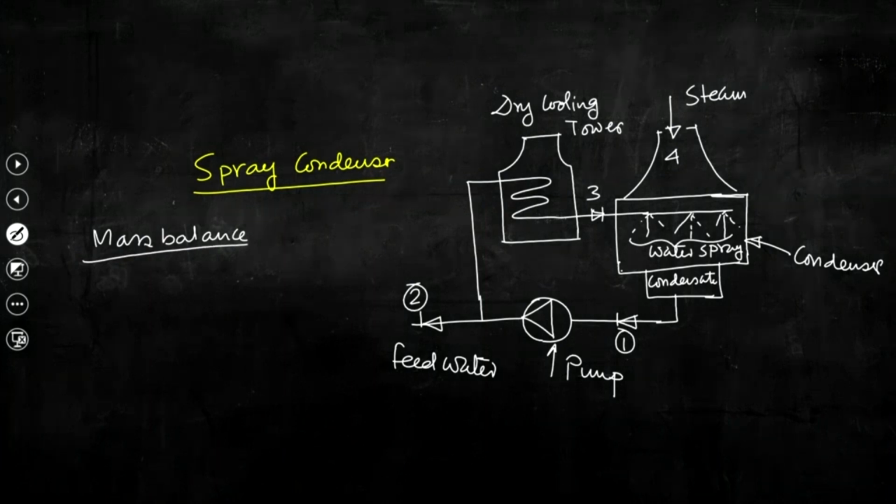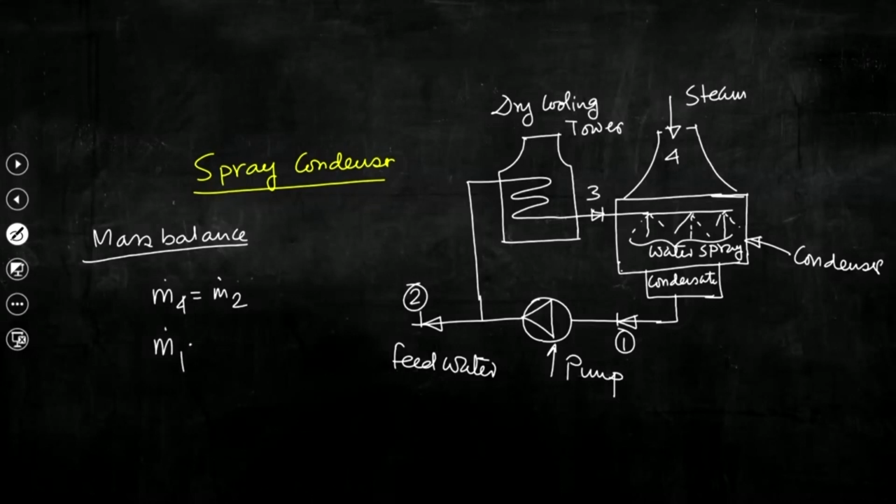As I said, mass flow rate of steam should be equal to mass flow rate of feed water. So, m dot 4 equal to m dot 2 and m dot 1 is essentially m dot 3 plus m dot 4. So, m dot 1 equal to m dot 3 plus m dot 4.